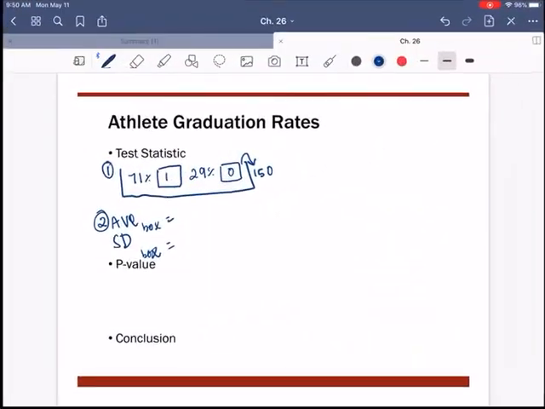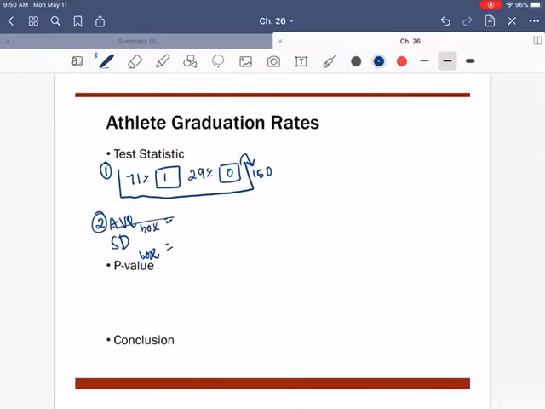Okay, with percent, we don't need the average. The standard deviation is the percent of ones times the percent of zeros. 0.45.